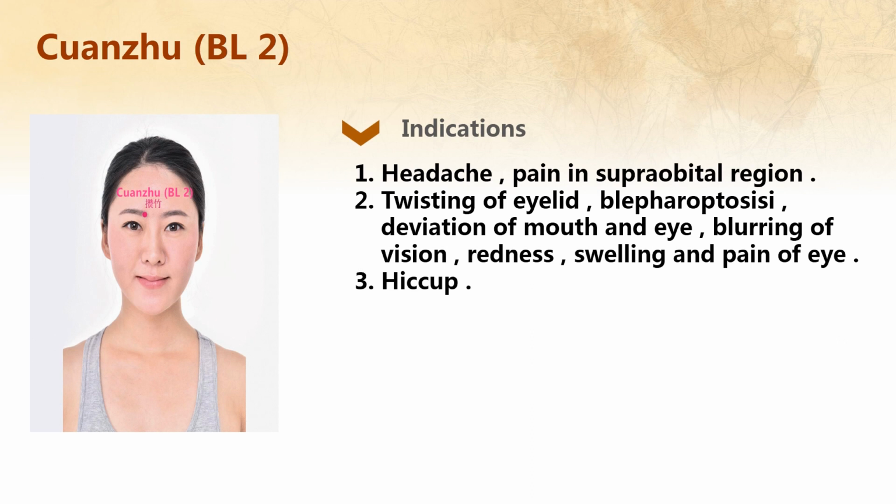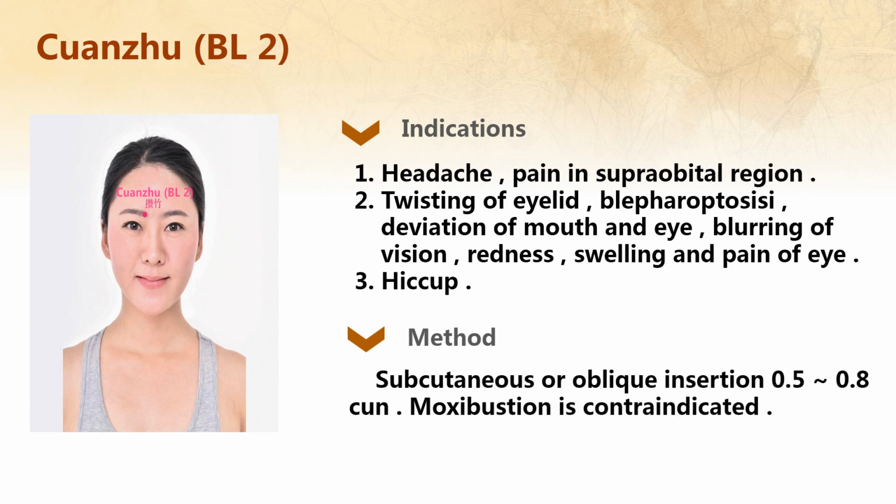The acupoint can cure headache, pain in the supraorbital region, twitching of eyelid, facial paralysis, deviation of mouth and eye, blurring of vision, redness, swelling and pain of eye, hiccup. The operation method is subcutaneous or oblique insertion 0.5 to 0.8 cun. Moxibustion is contraindicated.